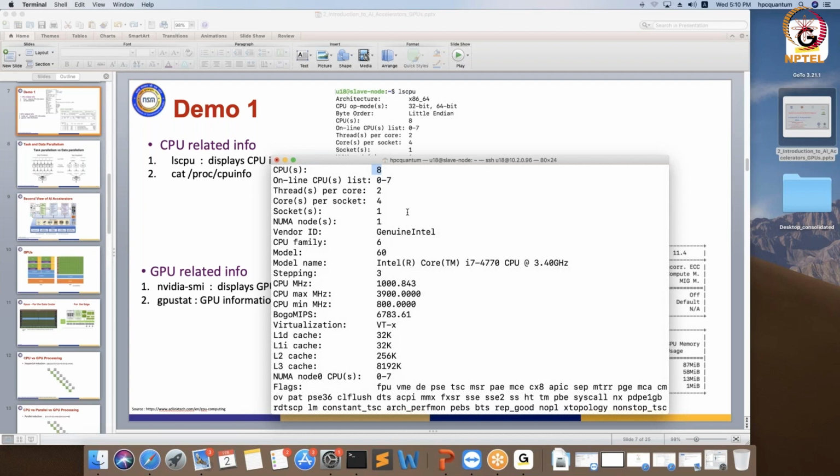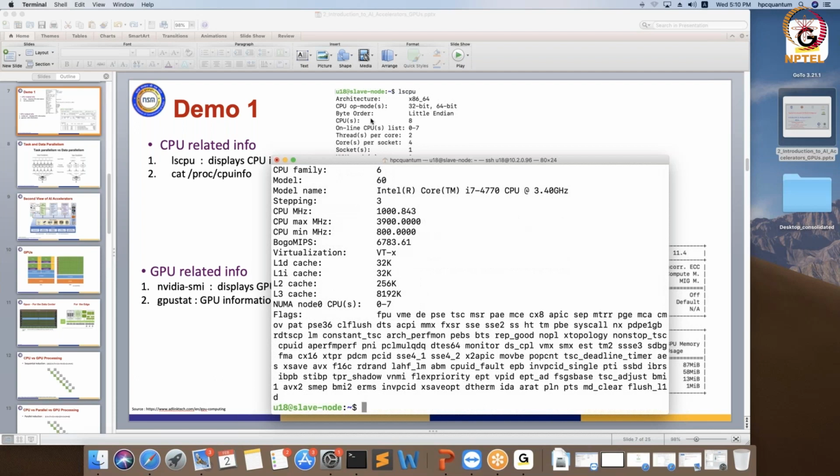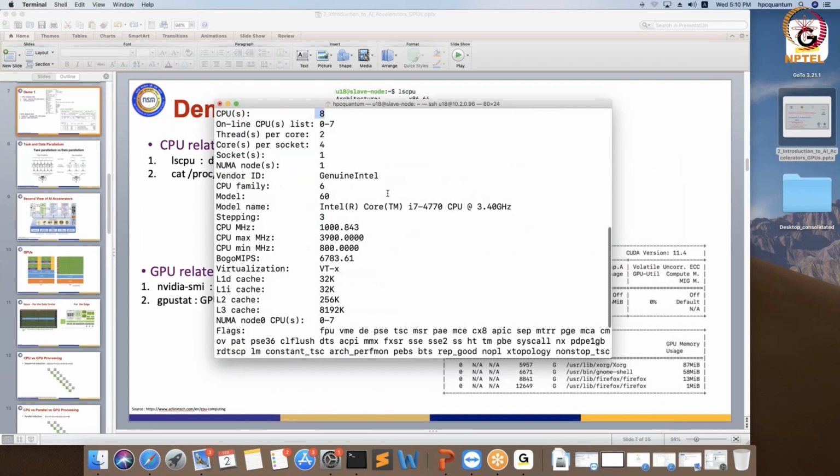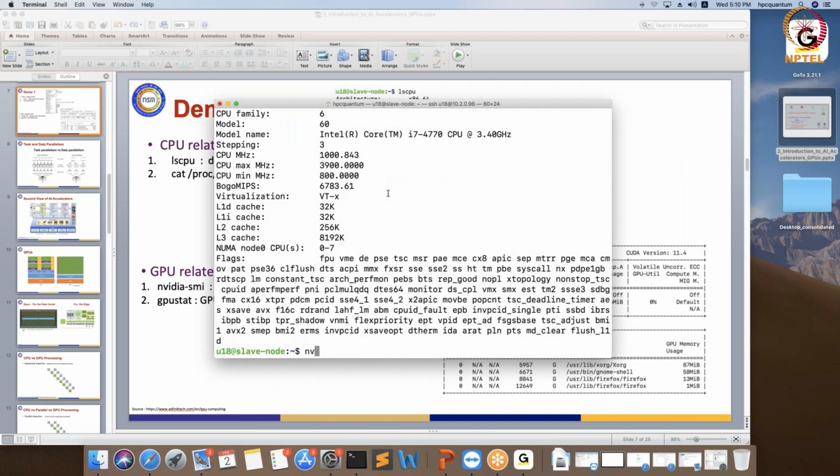So this is general information about this particular system. Now let us try to understand what type of GPU this has got.